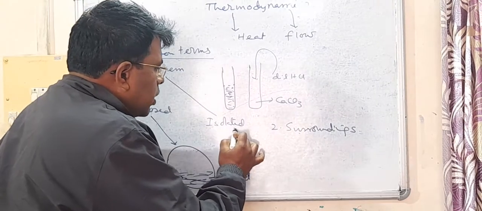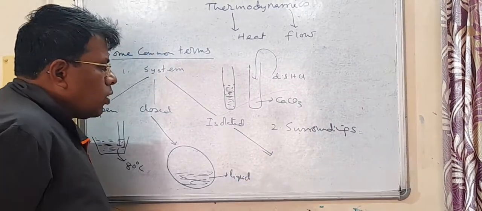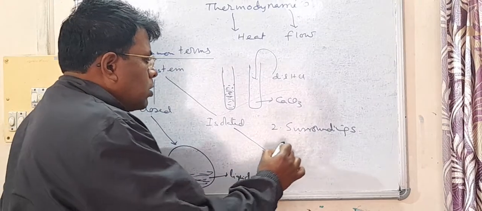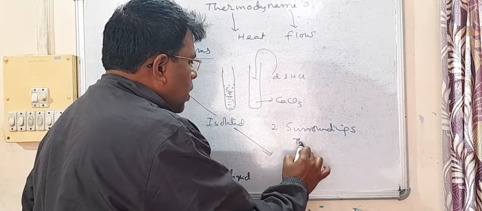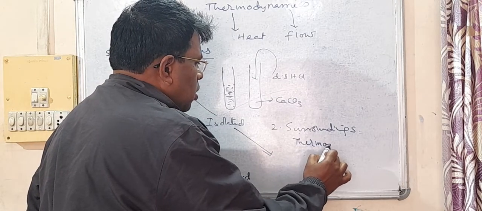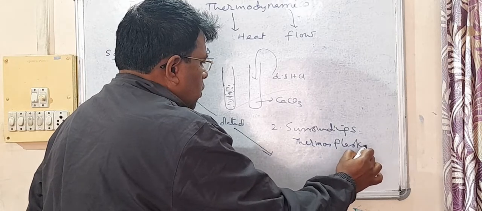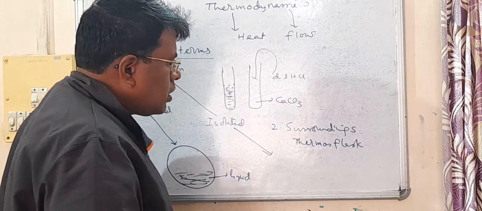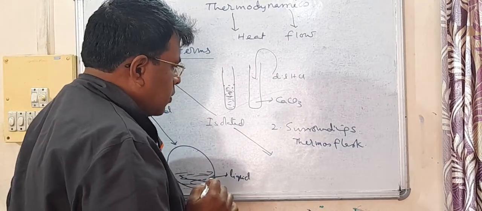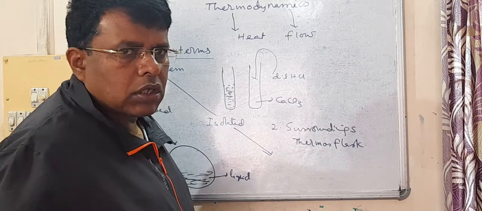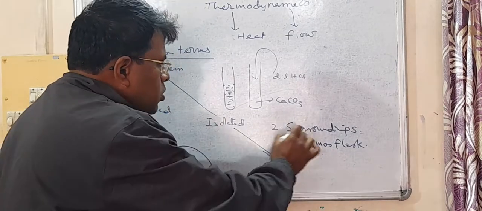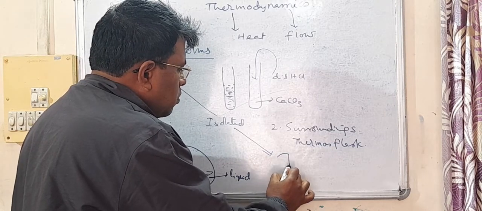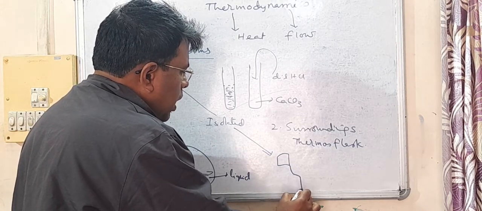And what is isolated system? Suppose we consider an example, say thermos flask. And say this thermos flask is a perfect thermos flask. Though we don't get that in reality, suppose it is a perfect thermos flask.